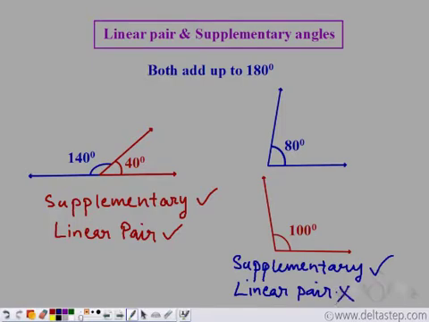So supplementary angles and linear pair of angles both add up to 180 degrees, but two angles which may or may not be adjacent form supplementary angles, but to form a linear pair, the angles have to be adjacent.